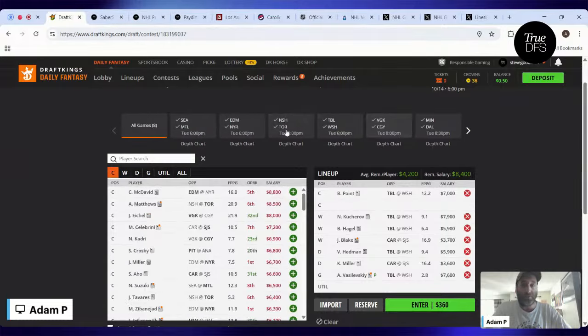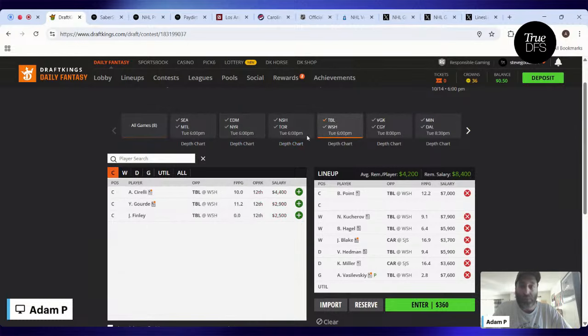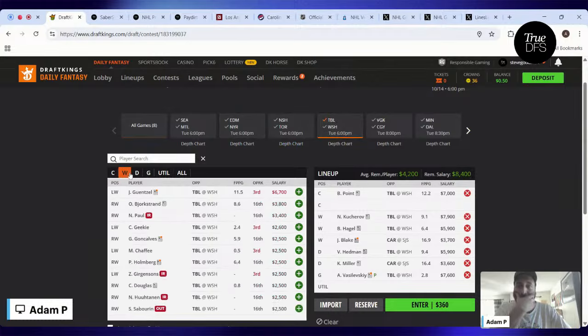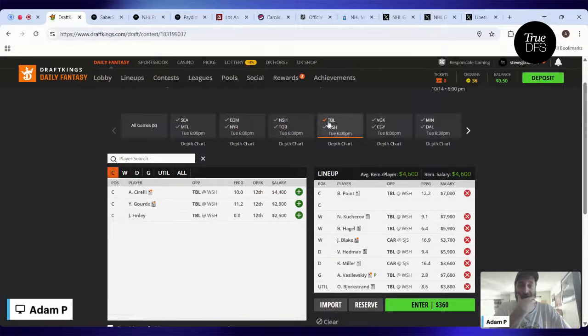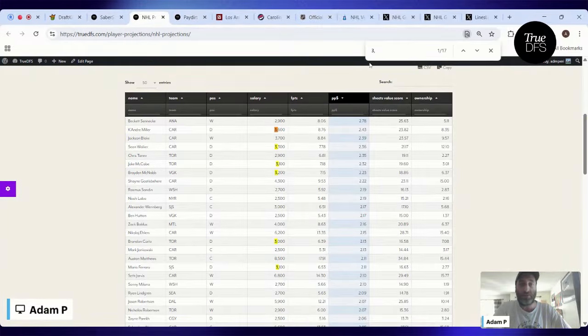Can we get Gunsel in though? Or you could throw Bjorkstrand in there. Yeah, you can't get Gunsel, but you get Bjorkstrand and any kind of center. Let's see who the top center is that we could get in.